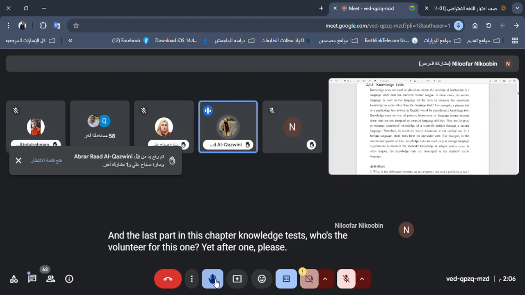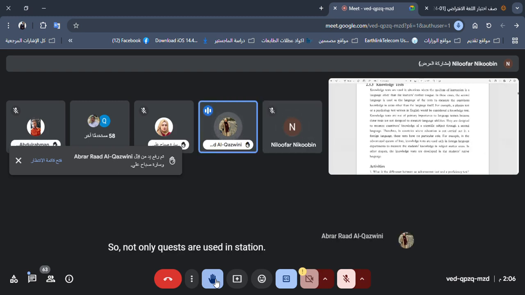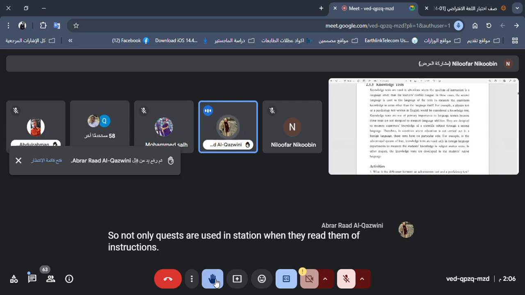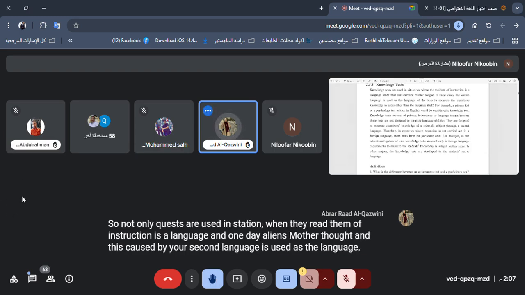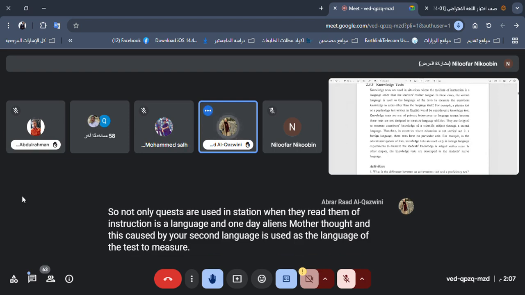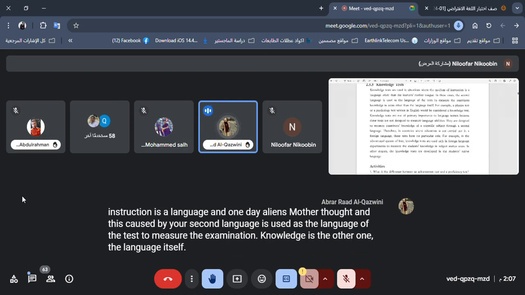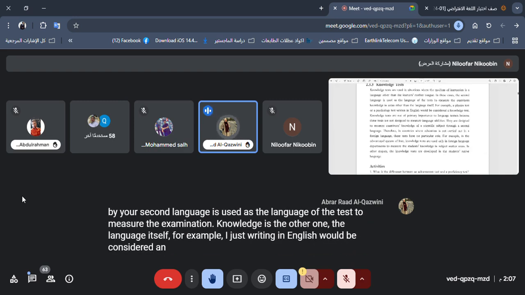Knowledge tests are used in institutions where the medium of instruction is a language other than the learner's mother tongue. In this case, the second language is used as the language of the test to measure examination knowledge other than the language itself. For example, a physics test or a biology test written in English would be considered a knowledge test.